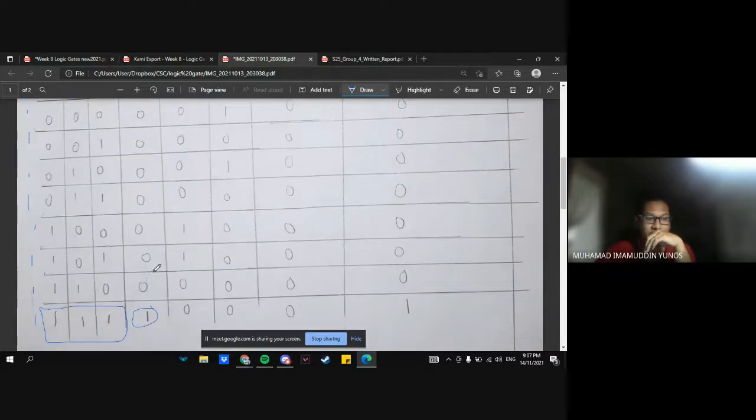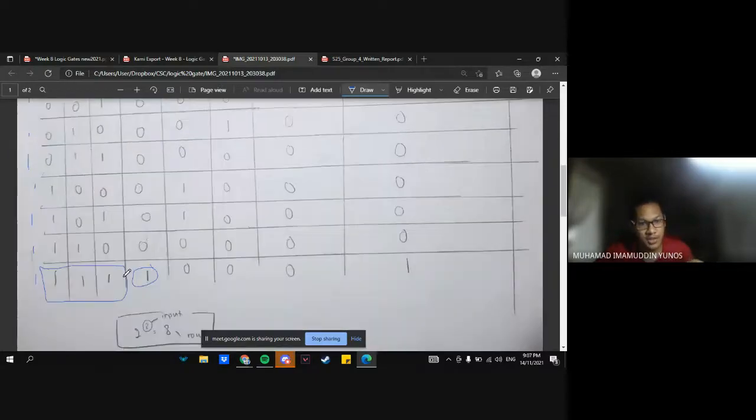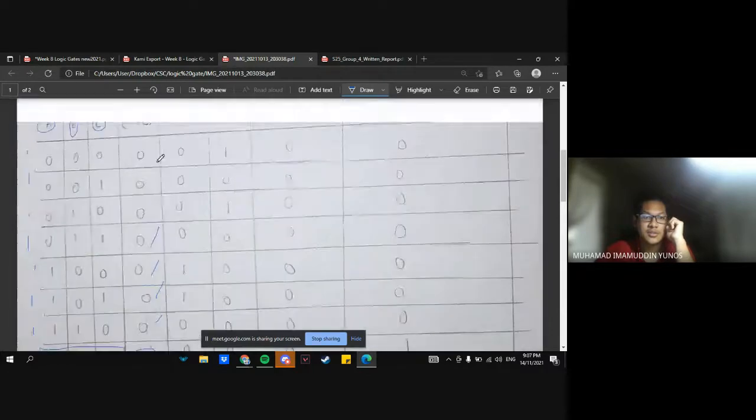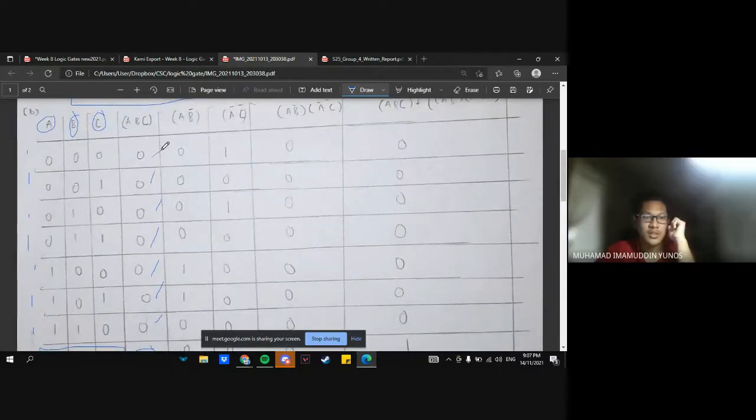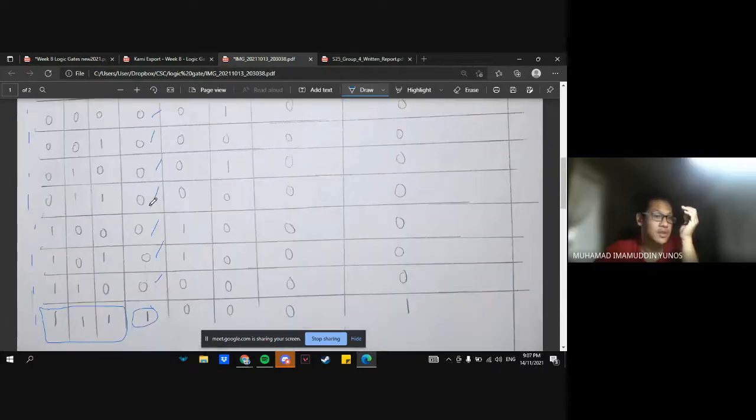If we don't have all the inputs true, we cannot have the output true. Like this example right here, the output is false because only two or one or none of them is true.